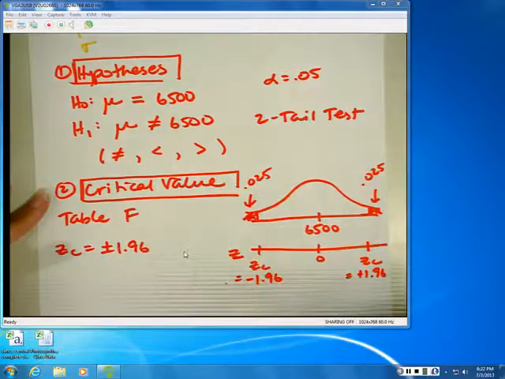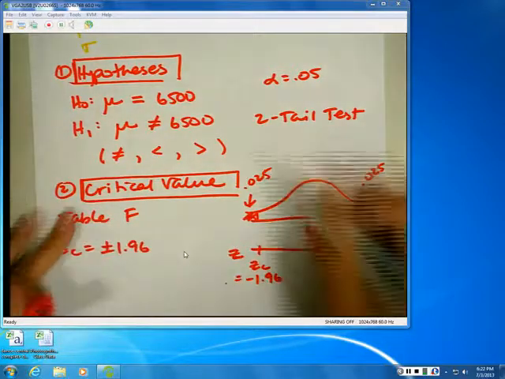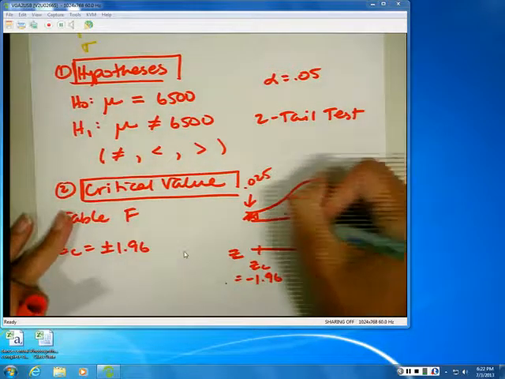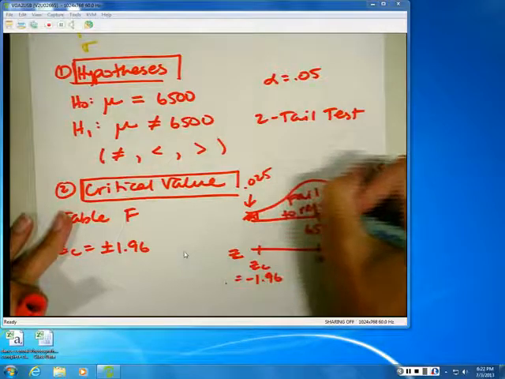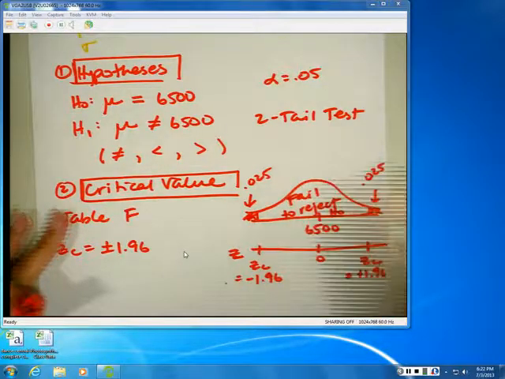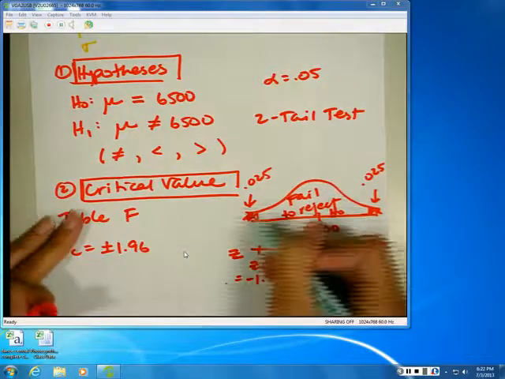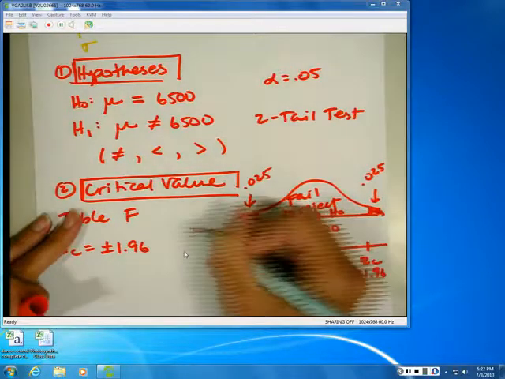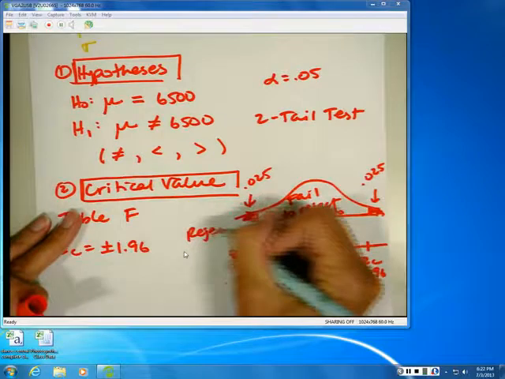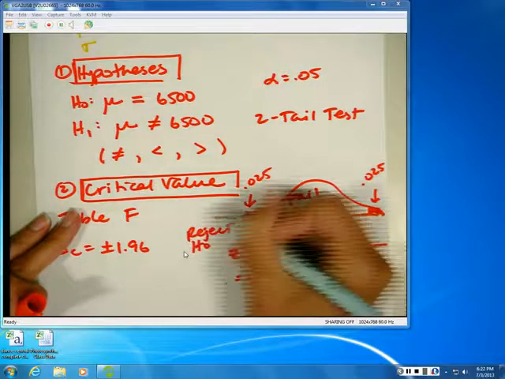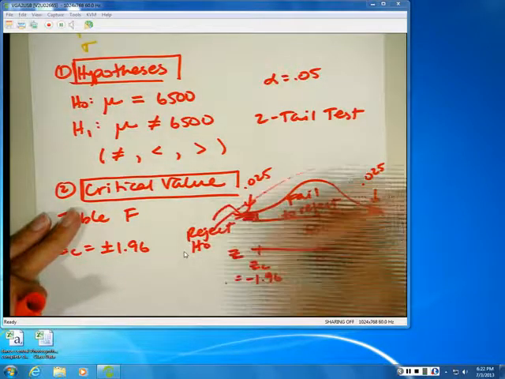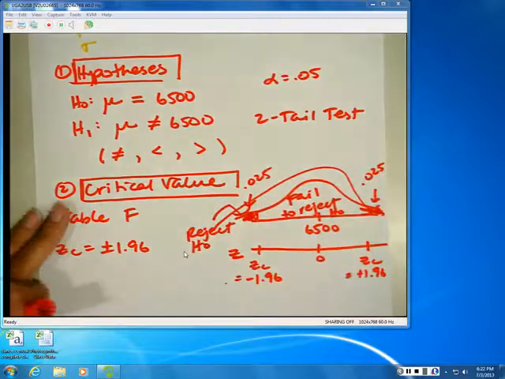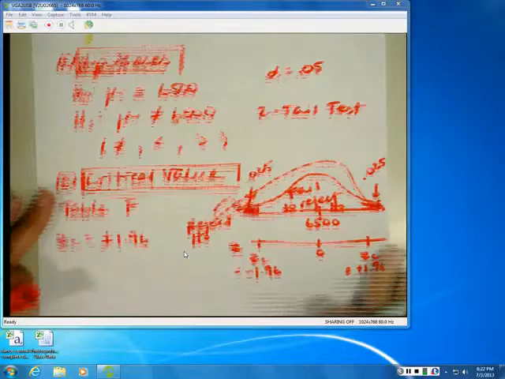Okay, now to review from before, this would be my fail to reject region. So that would be where I fail to reject the null hypothesis. Anything in my outer tails is my rejection region. So reject the null hypothesis if I land here or if I land over here. Okay, so there's the critical value.